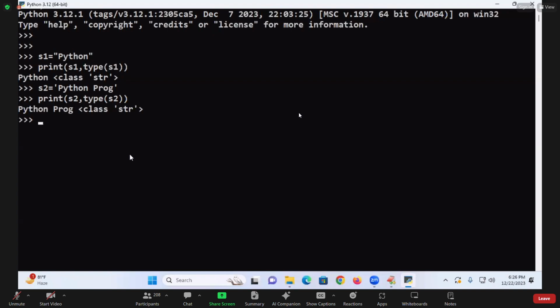Don't try to ask me, sir, what is the difference between single quotes and double quotes? Actually, I said just now, to make the C programmers habituate to writing Python, double quoted data is also carried as it is. For the programmer's comfort they are giving two notations: one is double quotes, one more is single quotes. Are you following me?